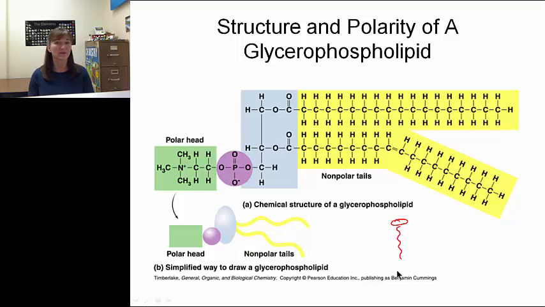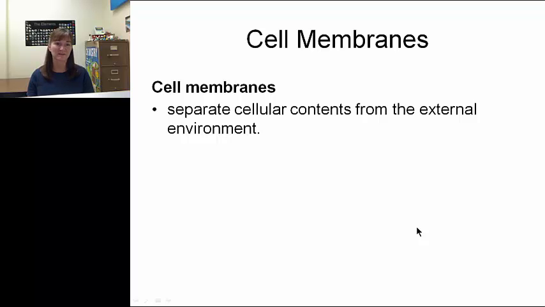This nonpolar tail embeds itself in the grease, and the polar head stays outside by the water, and that's what makes the micelle. But when we symbolize a glycerophospholipid, we often just do this as the polar head, and that encompasses the phosphate group and the alcohol. And then we have two nonpolar tails. So that's the quick way to draw a glycerophospholipid.